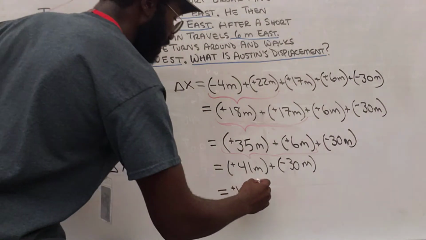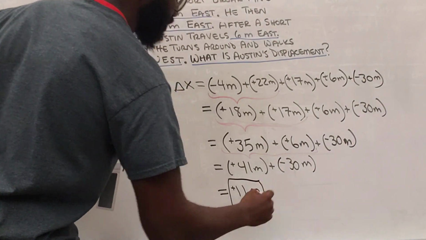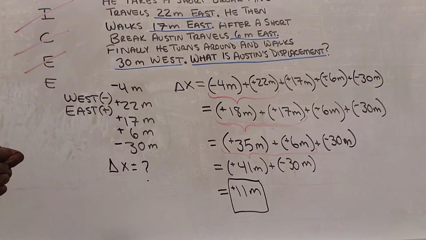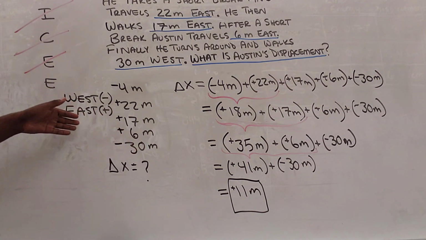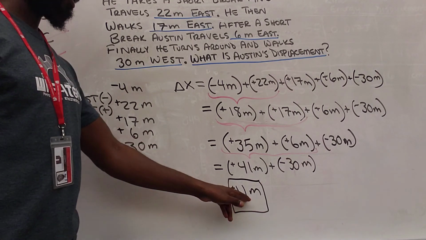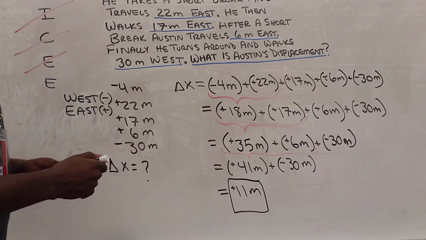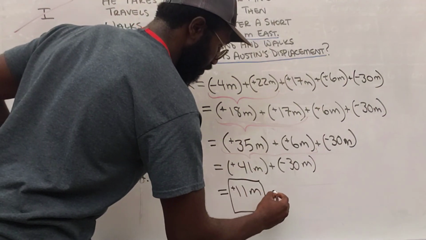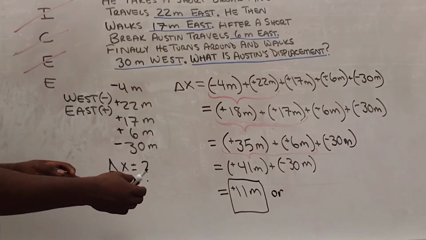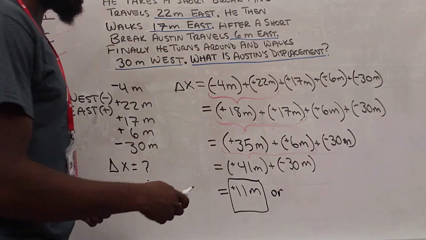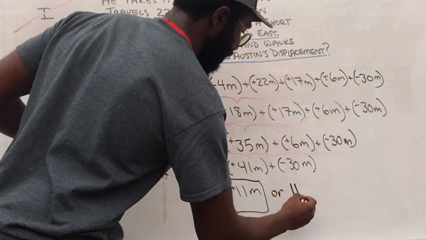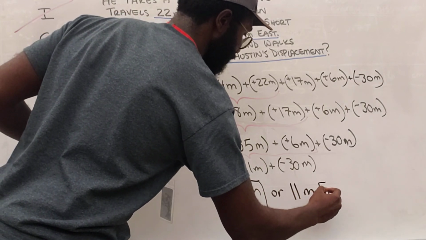So positive 11 meters is completely acceptable because I know from the conventions I set up that positive is the east direction. So I know that this is going 11 meters east. Or you could choose to explicitly state the direction. So I would say 11 meters east.